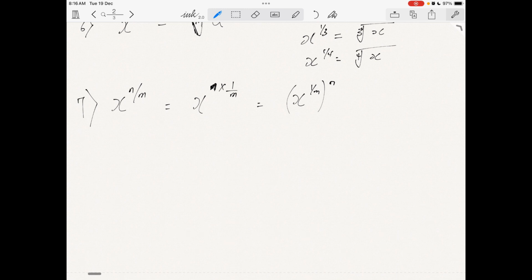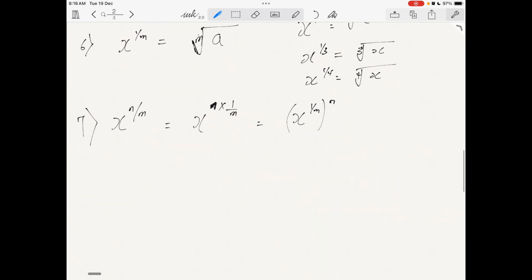So definitely we know that x raised to the power 1 over m, from rule 6, is the mth root of x. Okay, sorry, it should be the mth root of x, and everything raised to the power n.